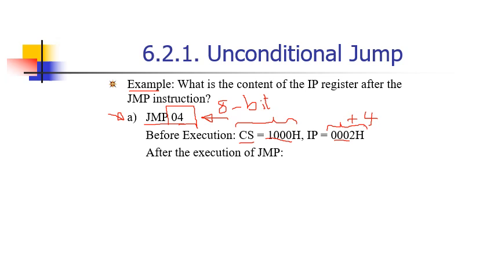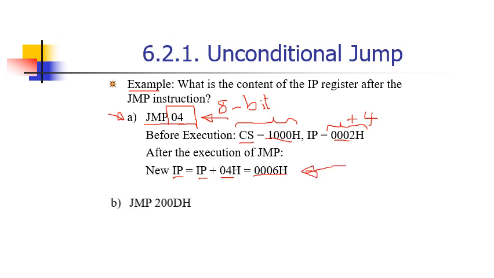This is after execution. This is your new IP. You add 4 to your IP, it becomes 6. This is where you're going to resume your execution.